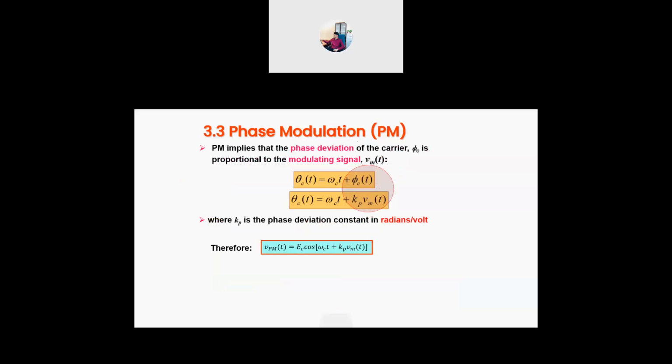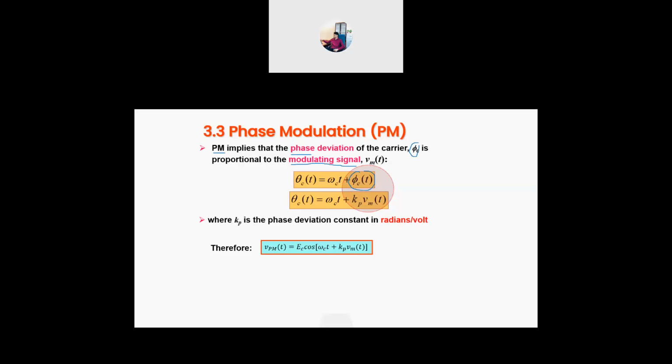So this one is phase modulation. So you know, inside the angle we have frequency component and we have phase component. Now we are discussing only phase modulation, meaning only this one. PM implies phase modulation, which implies that the phase deviation of the carrier, phi c, is proportional to the modulating signal VMT.